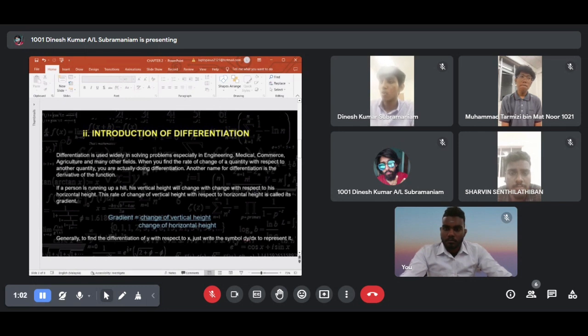Differentiation is used widely in solving problems, especially in engineering, medical, commerce, agriculture, and many other fields. When you find the rate of change of a quantity with respect to another quantity, you are actually doing differentiation. Another name for differentiation is the derivative of the function.